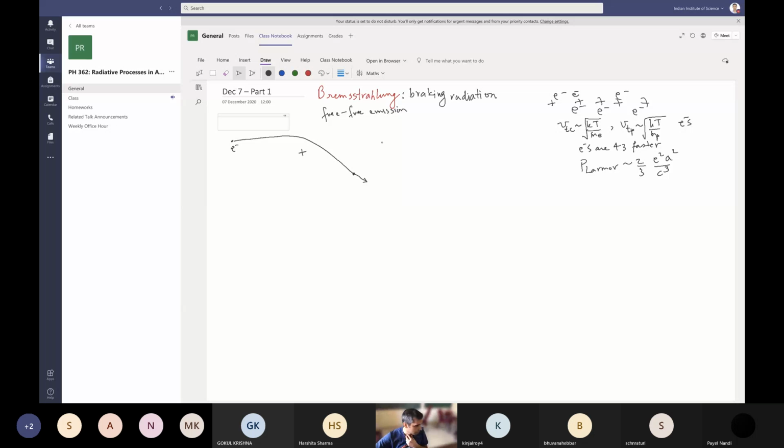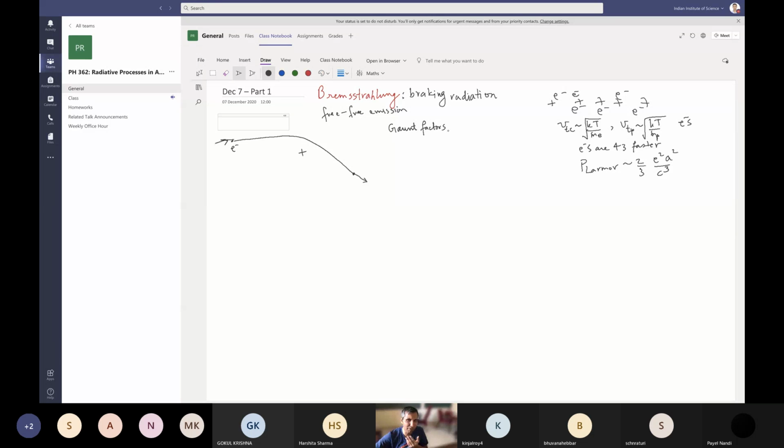This problem can satisfactorily be solved quantum mechanically, but as usual, we will actually treat it classically, and we will introduce quantum corrections in terms of something called Gaunt factors. This is very common in a lot of classical treatment of radiation.